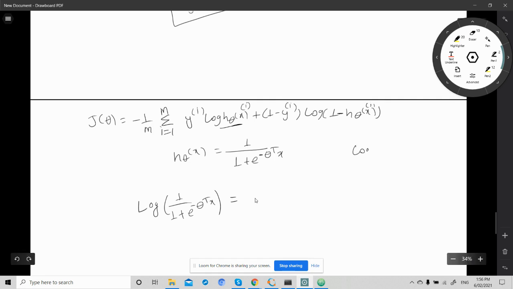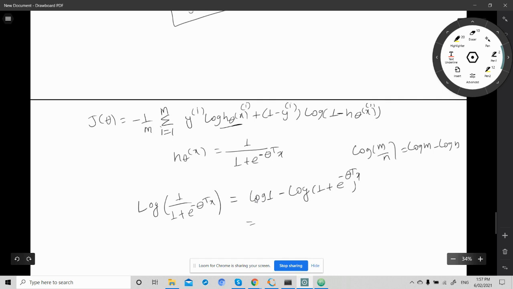We know that log of m by n is log m minus log n. So this will be log 1 minus log of 1 plus e to the power minus theta transpose x.